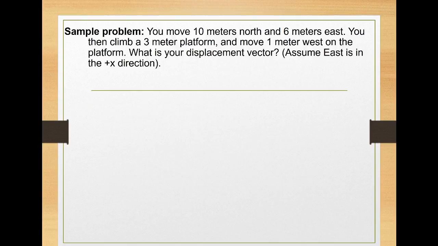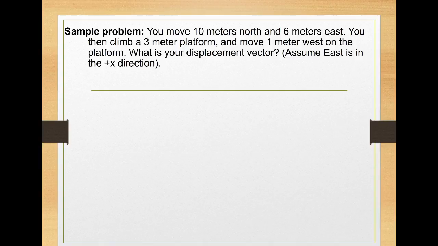But we're going to first think about how we would set this up if we had a displacement problem in a couple of dimensions. So we move 10 meters north, and then 6 meters east. Then we climb a 3-meter platform and we move 1 meter west on that platform. What is the displacement vector?